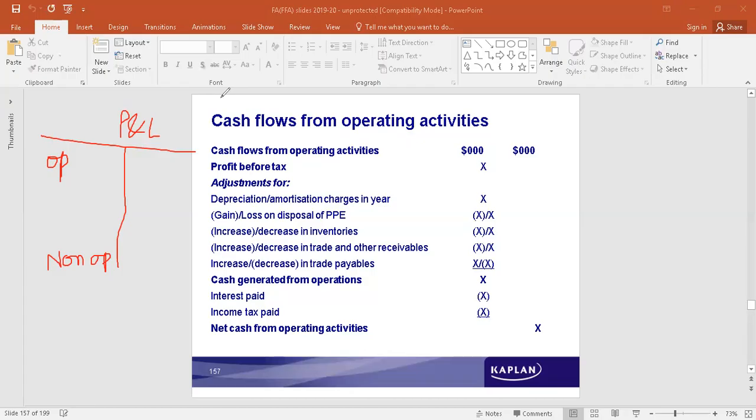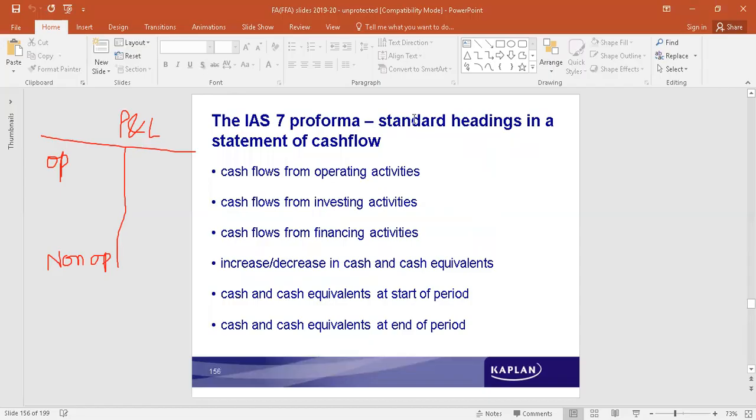It is not that it is not related to the business, but it doesn't fit into that section because we have divided them into 3 different sections. So the dividend distributed also will appear as part of the statement of cash flow, but under the respective heading. It will not come under this heading.